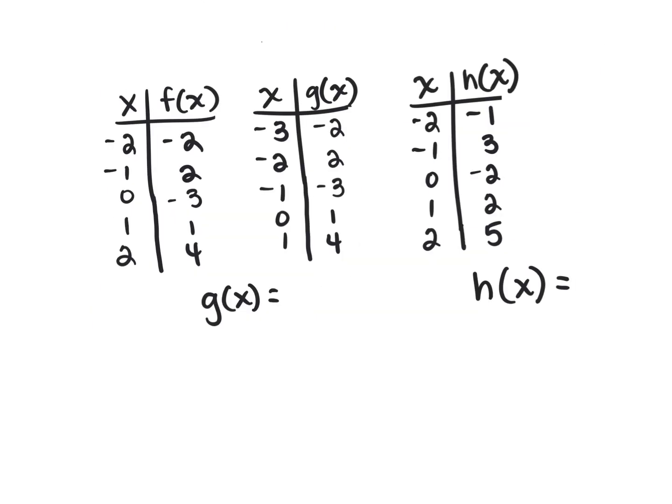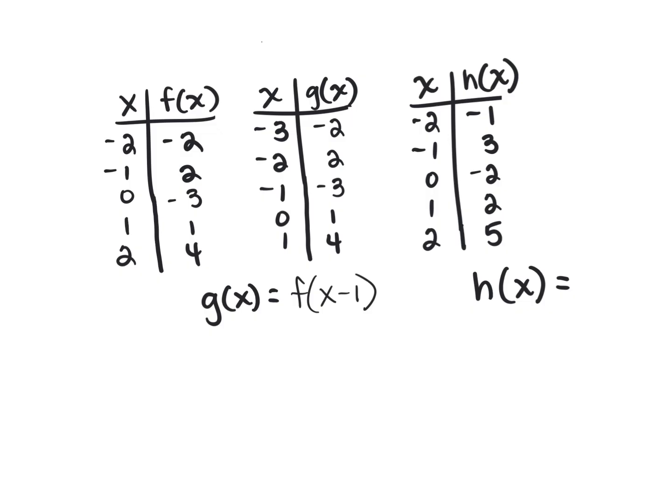In this question, they're asking you, with respect to the original function f of x, how do we create the g of x function? So if you look at the g of x table, the y values have stayed the same, and the x values are decreasing by 1. So in order to write that, you would take f, and you would subtract 1 from every x, and that would be your equation.